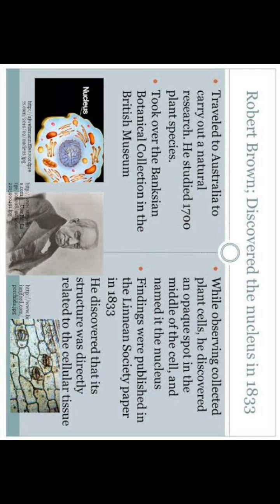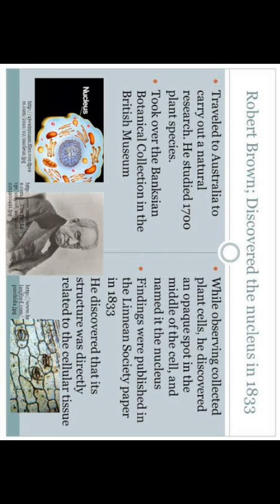What a great contribution by Robert Brown to the science field. He observed one important point. While observing collected plant cells, he discovered an opaque spot in the middle of the cell and named it the nucleus. His findings were published in the Linnean Society paper in 1833.